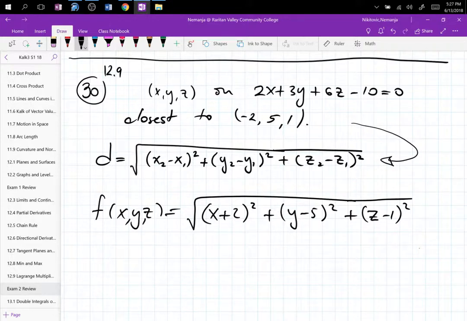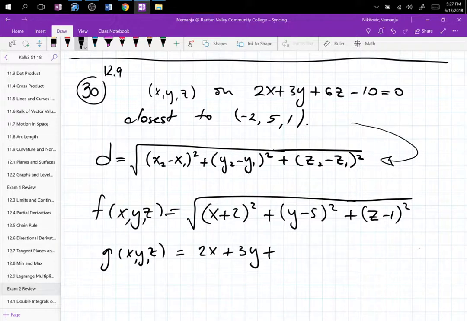And we have our g(x, y, z), which is the constraint. The point has to be on the plane: 2x plus 3y plus 6z minus 10.